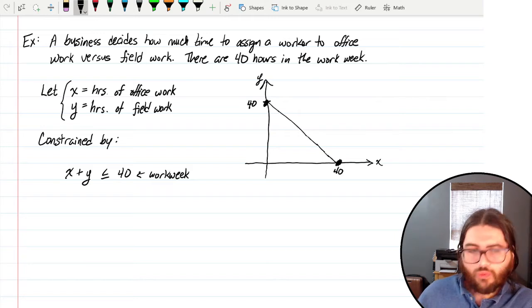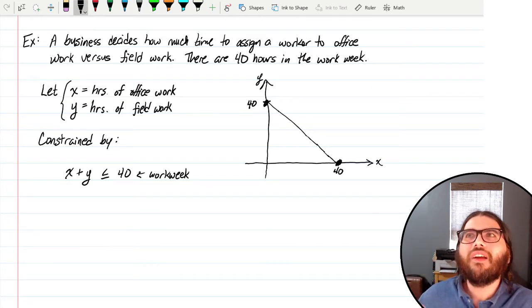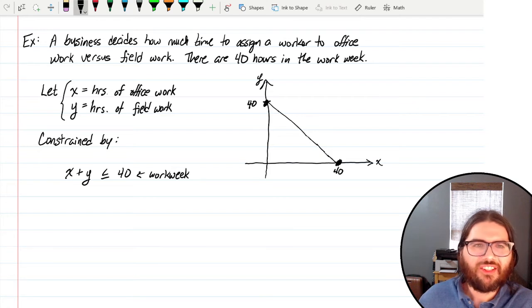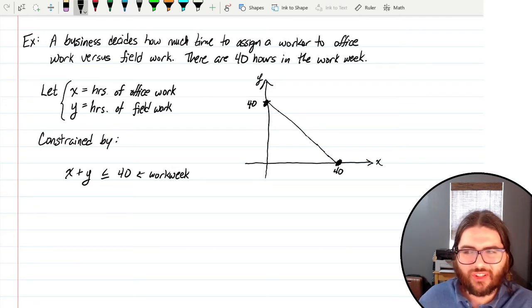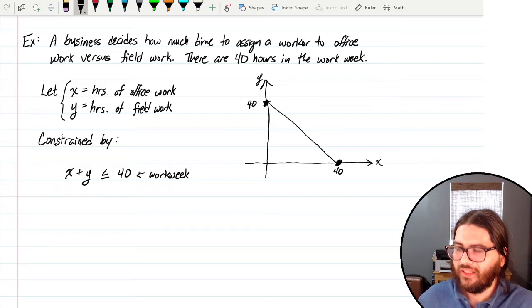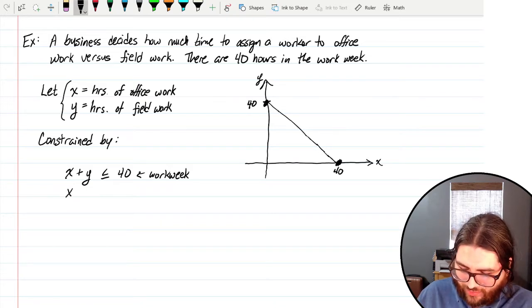And so very often we will have what's called the reality constraints. That is, they're not inherently said in the problem, but they're implied by the fact that this is reality. I can't work less than 0 hours per week. So I need X to be greater than or equal to 0, and I need Y to be greater than or equal to 0.